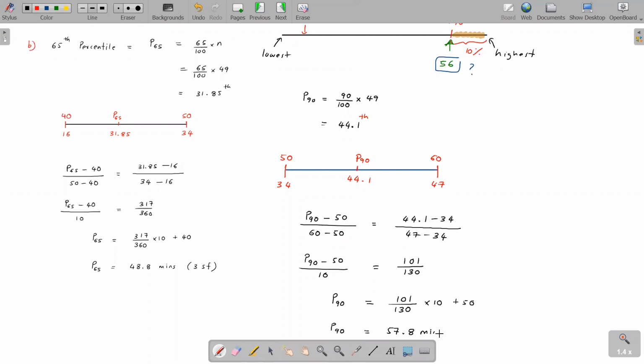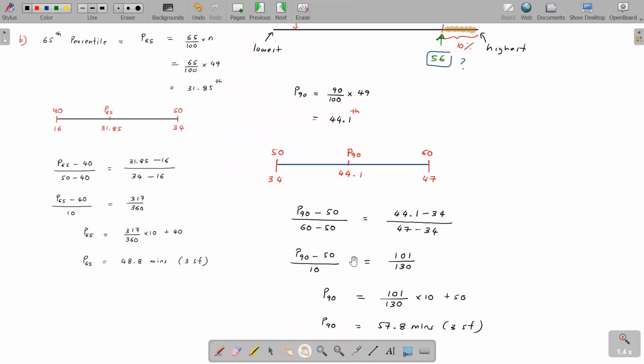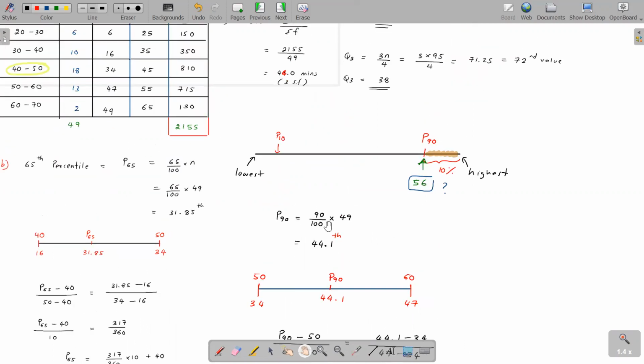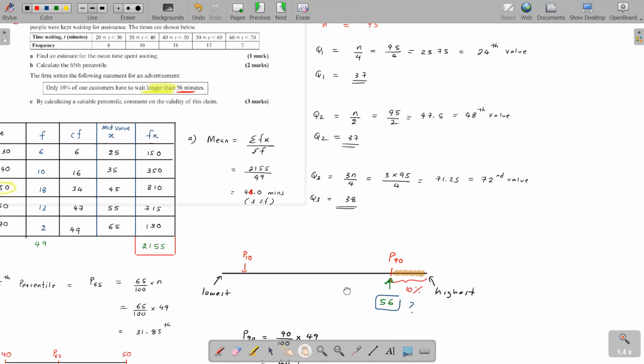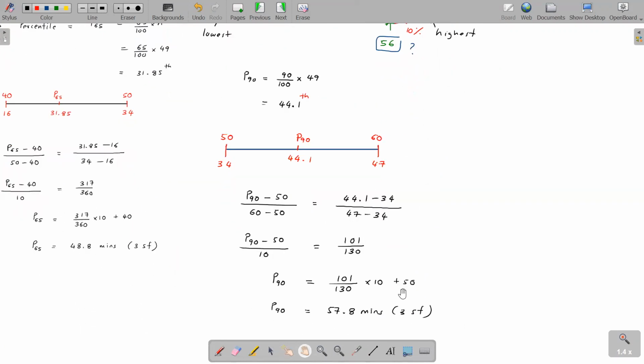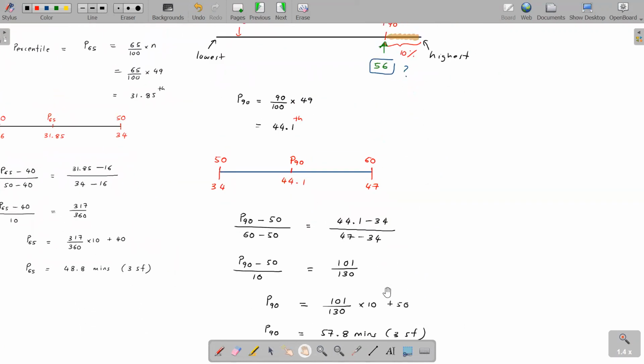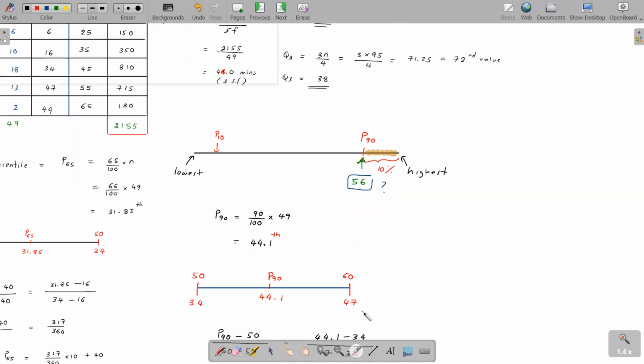57.8 minutes. So guys, what do you have to say about their claim? Are these people being truthful about the claim that they are giving? They say only the 10% of the customers who wait the longest are waiting longer than 56 minutes. But is that the true value? The true 90th percentile is 57.8 minutes. So actually, they are giving a lower value than the real value.